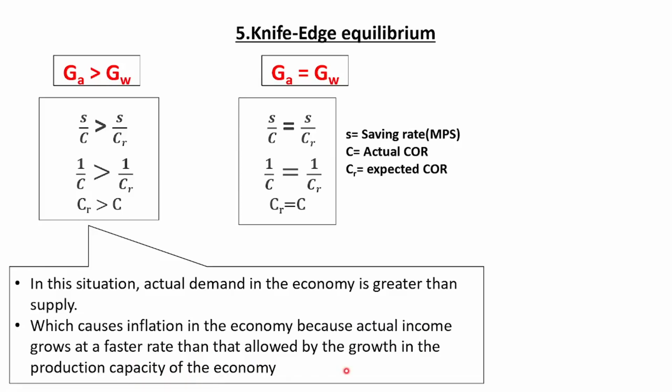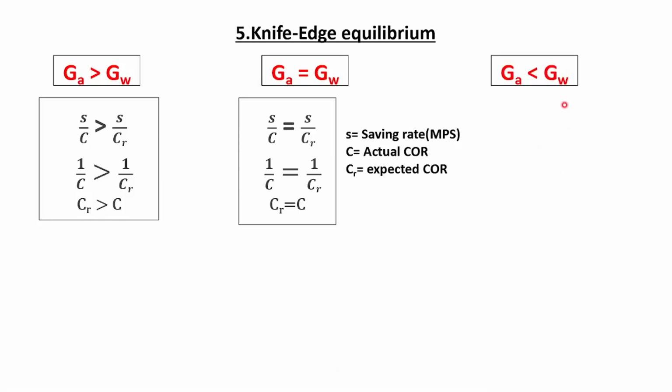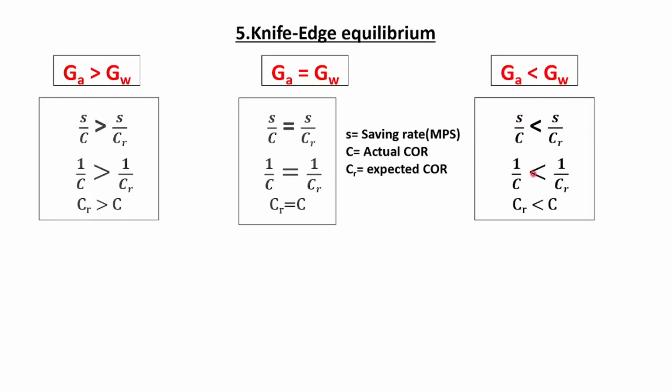Again, what happens if warranted growth rate is greater than actual growth rate? The process is the same, but instead of the equals sign, now we are using the less than sign. When warranted growth rate is greater than actual growth rate, we have actual capital output ratio greater than expected capital output ratio.